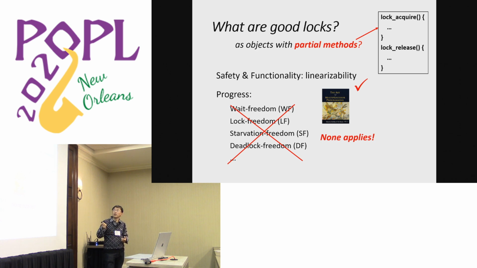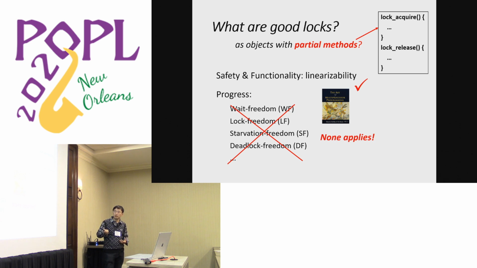So non-termination is, in this case, the expected behavior. We call this kind of method a partial method. And all these progress properties we explained before don't apply in this case, because they all want the method to terminate.